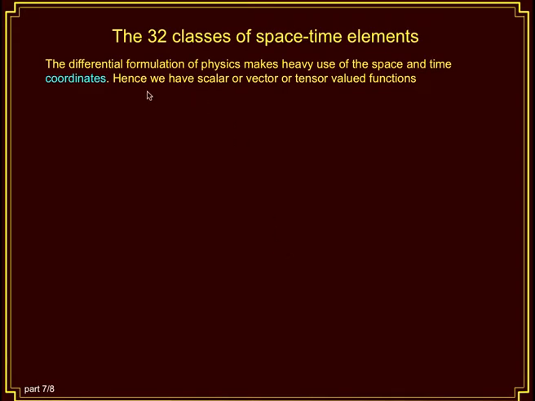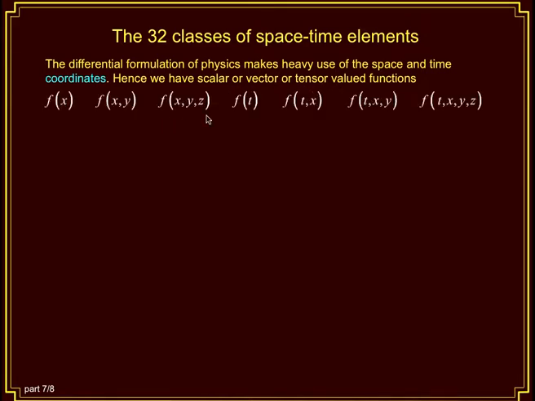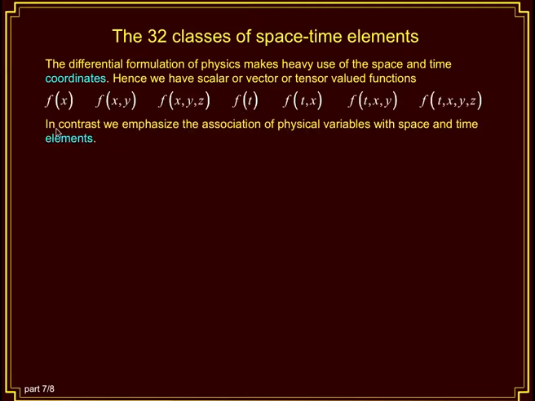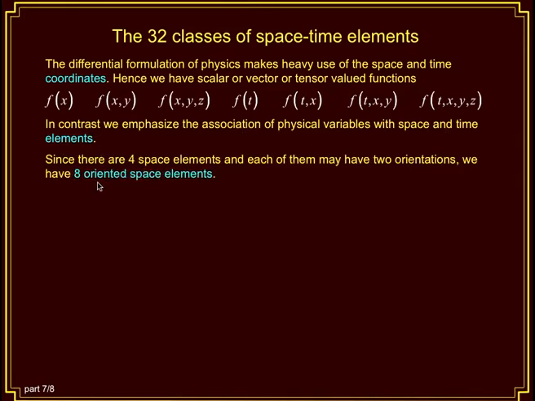Well, we remark that in the differential formulation of physics, we make use of space and time coordinates. Hence, we have scalar or vector or tensor-valued functions. A function may be of x, xy, xyz, time, and so on. In contrast, we emphasize the association of physical variables with space and time elements.